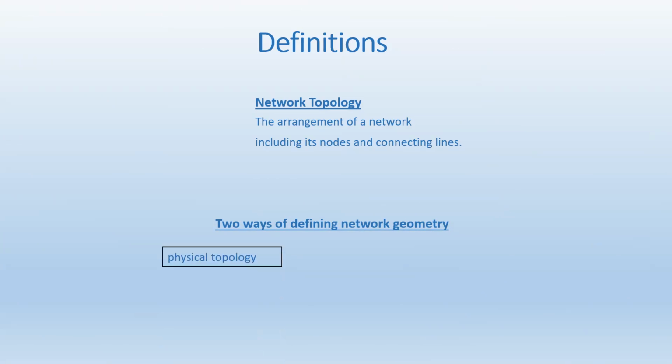Well, there is a physical topology and the logical or signal topology. For the most part, we're going to concentrate on the physical topology. However, I just want you to know that this also exists. Okay. What I'm talking about is the logical or signal topology.